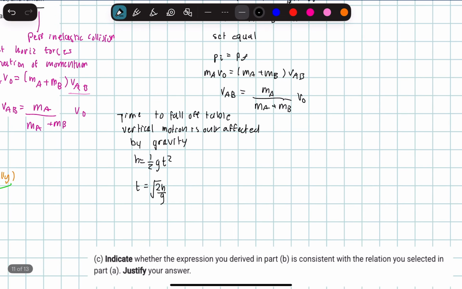Now, if we were to find the horizontal distance traveled, we know that the horizontal speed is constant after leaving the table.